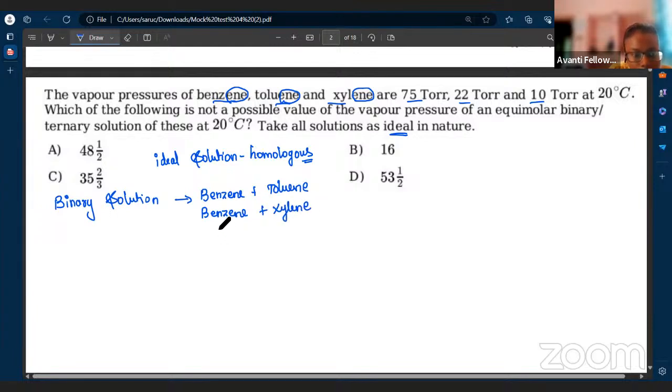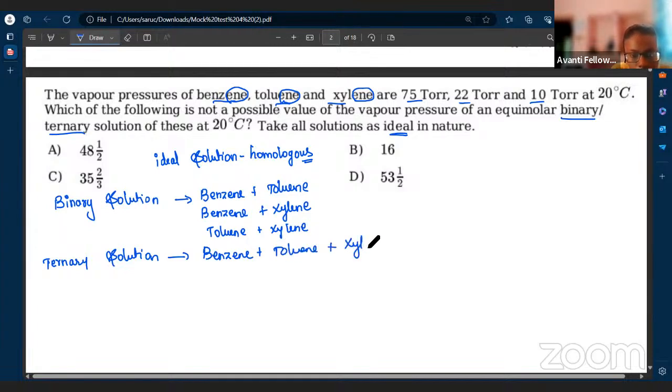And the third one is toluene plus xylene. And the ternary solution, combining all three, will be benzene plus toluene plus xylene.